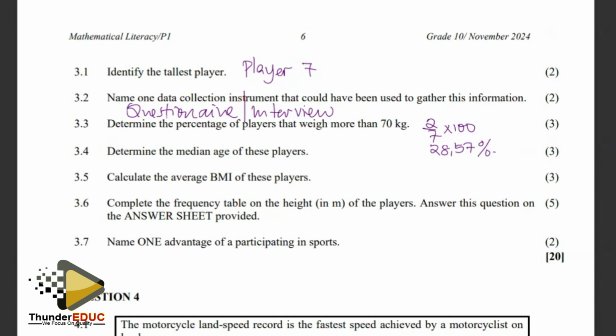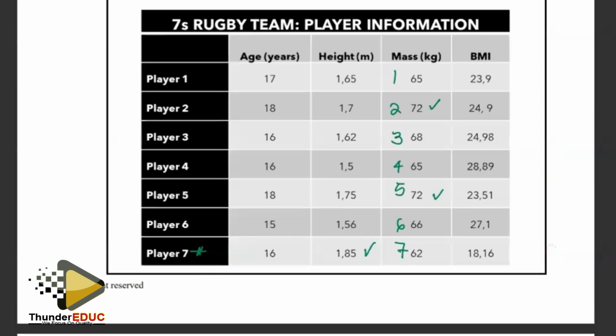Determine the median age of the players. Median. What has to come in our head? We have to remember that we are going to arrange. So let's go there and see under the age, who is the youngest? We have 1. So how many 16s? 2, 3, 4. Then we have 17, which is 5. 18, there are 2. One takes 6 and the other takes position number 7.